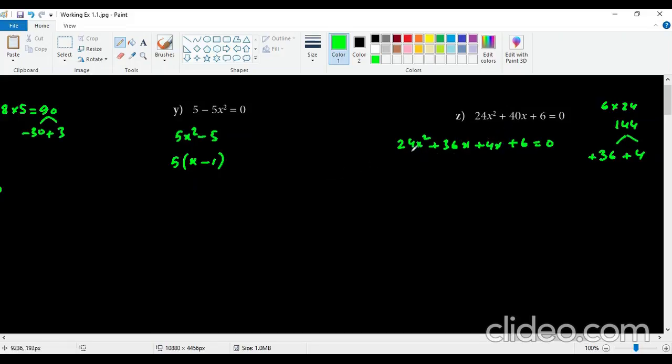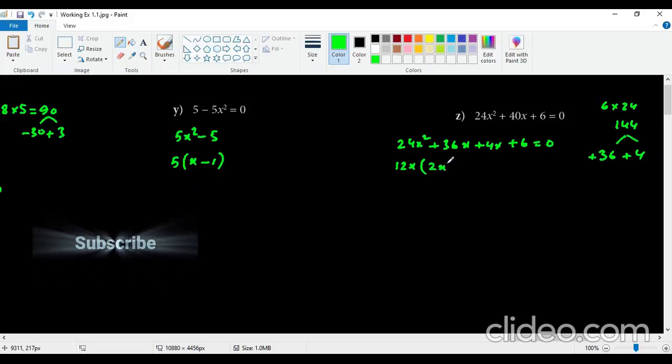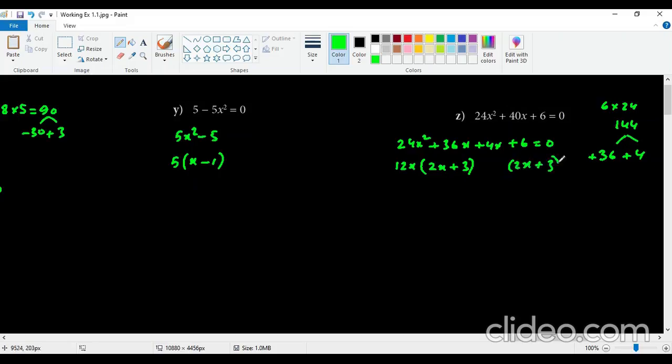Now in here, 12x is common, and 12x times 2x is 24x squared and plus 3. So 2x plus 3 in one bracket, copy down this bracket once again, and plus 2 times 2x is going to give you plus 4x. So 12x plus 2 in one bracket, and 2x plus 3 in another bracket. This is going to be your answer for question number z.